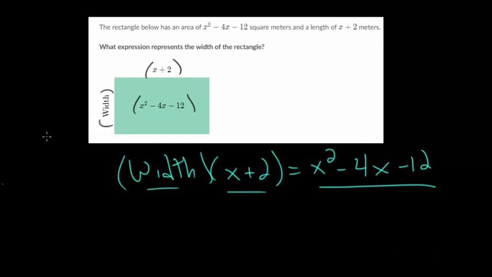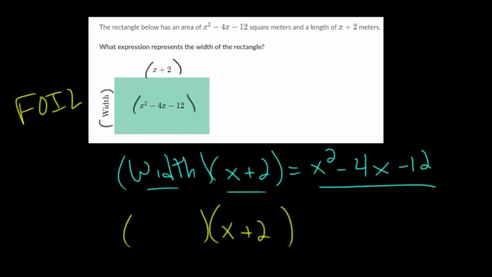So let's start this by essentially just looking at the FOIL method, but in reverse. So we know we have these two binomials, and we know one of them is x plus 2. And so what we know based off the FOIL method is that the first terms, this one and this one, give us x squared. So that makes this one x, essentially, since x times x is x squared.